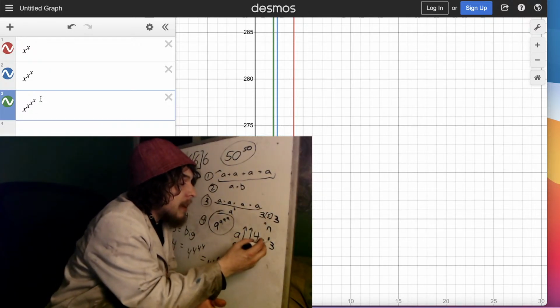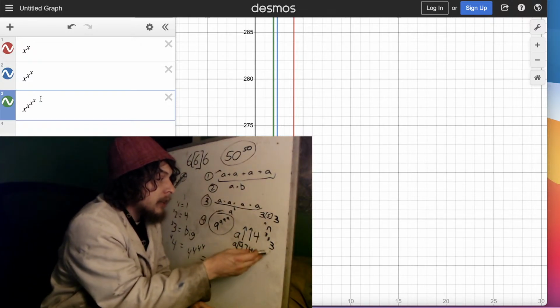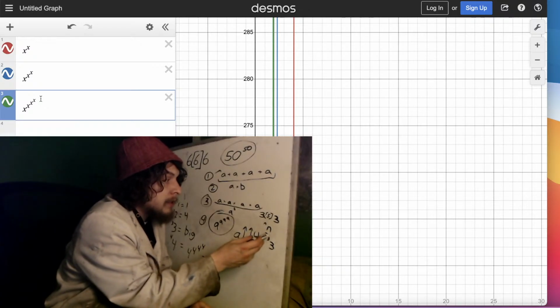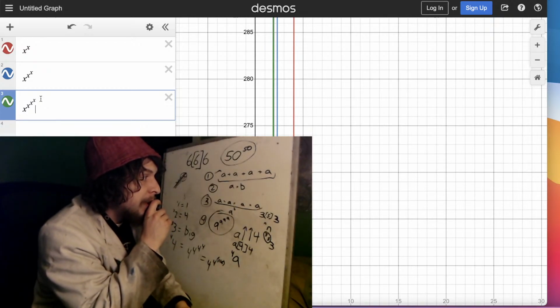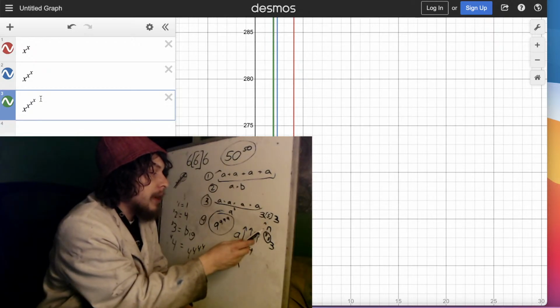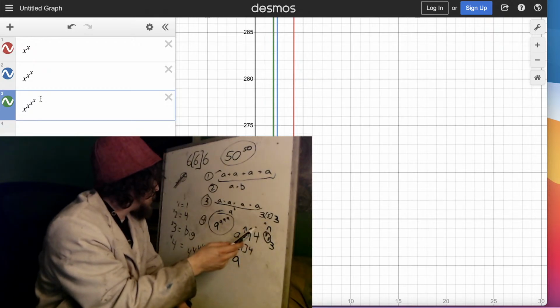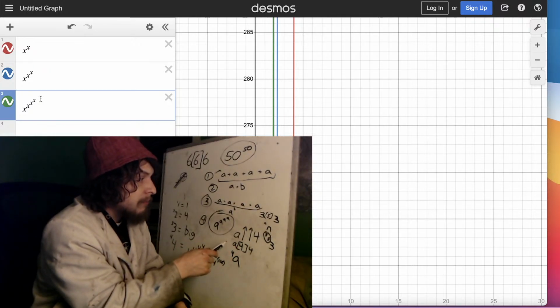Well, that means I have 3 pentated 3 pentated 3. Like tetration, these stacks always read downward. So first here I calculate, this is 3 pentated 2, 3 tetrated 3. And we said that was that number in the 7 trillions.